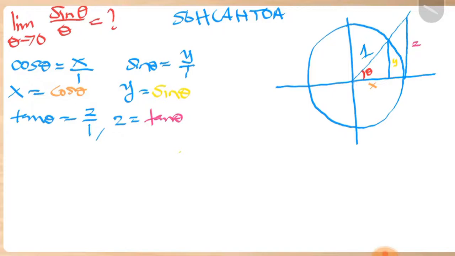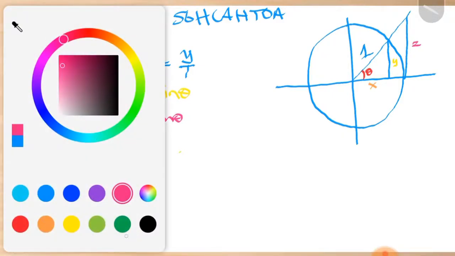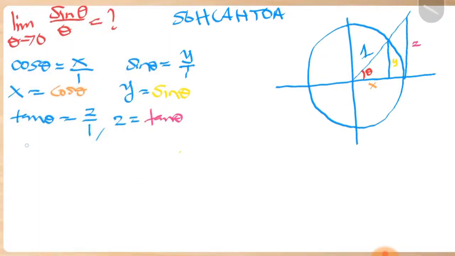The area of this smaller triangle will be half base, which is x, times height. And what is x? x is cosine of theta, times height. And what is the height? y, which is sine of theta.